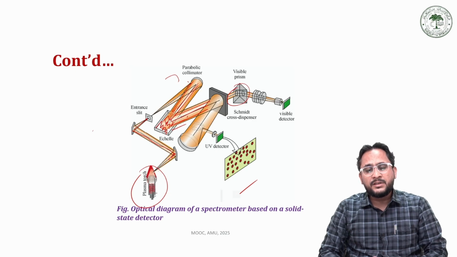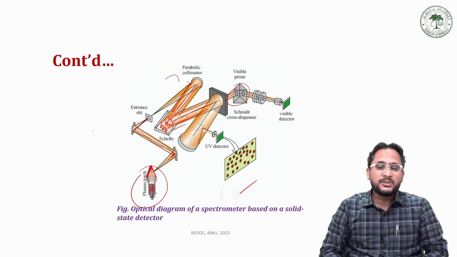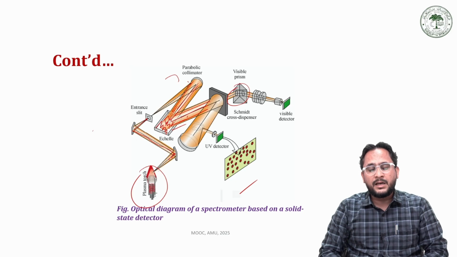And then we have simultaneous spectrometers that work on polychromatic devices that either use multiple photomultiplier tubes for detection, or use solid state array detectors, which are a combination of light sensitive material based on charge coupled devices, CCD. So with this we have completed the instrumentation of inductively coupled plasma AES.